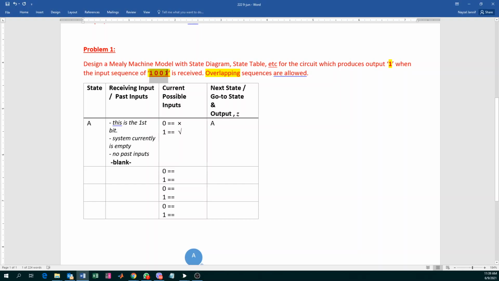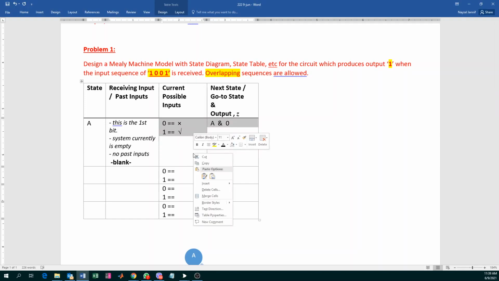In this case, our first input was a 0, then our state will remain at A, and our output will be 0. Okay, A and 0. I'm using this terminology here. A and 0. What if our input was 1?